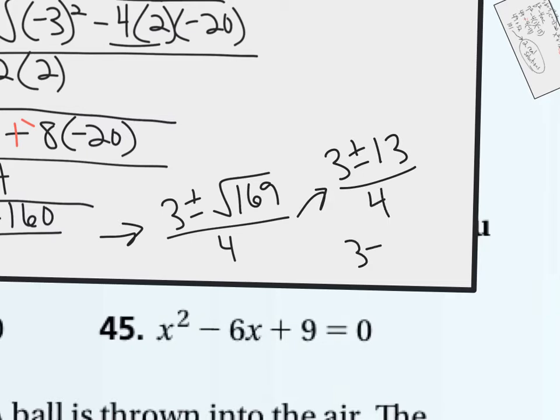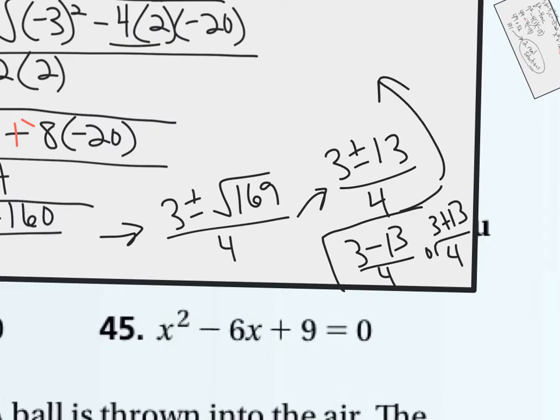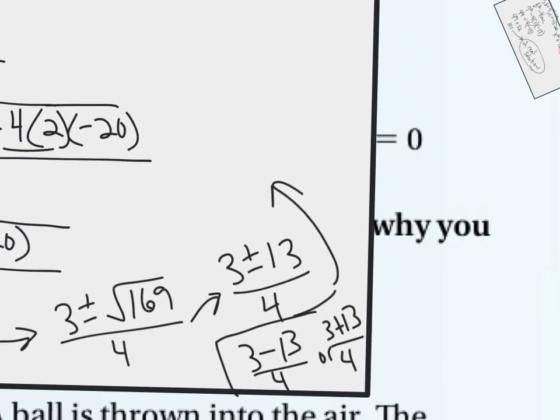So we've got either 3 minus 13 over 4 or 3 plus 13 over 4. So 3 minus 13, that'd be negative 10 over 4. 3 plus 13 would be 16 over 4.